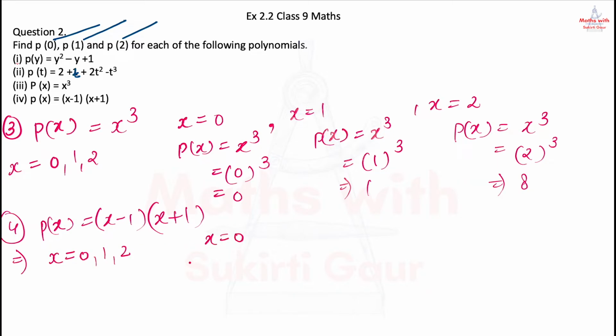First taking x equals to 0, p(x) equals 0 minus 1, 0 plus 1. It will be minus 1 into plus 1. Minus into plus is minus, 1 into 1 is 1.